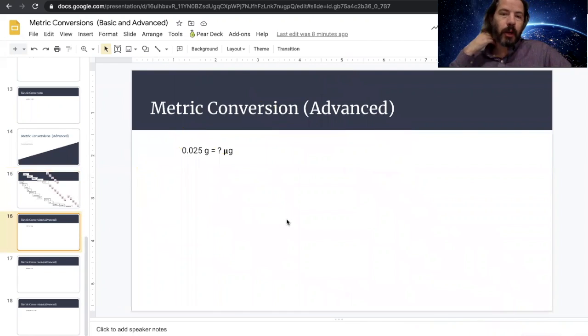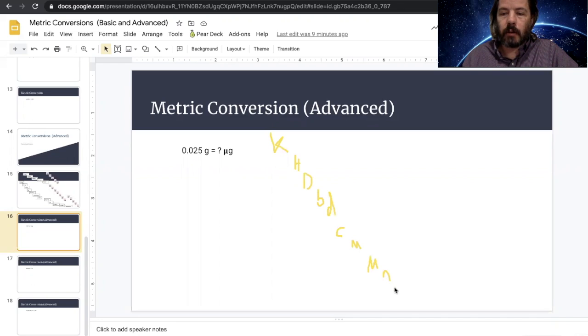So let's try one: 0.25 grams to micrograms. This micro is the Greek letter mu. So it's basically an M, but it's got a little U-like tail to it. So when I get this, first thing I go is it's on the small end. So I only write King Henry died by drinking chocolate milk, mu, micro, nano, missing no pinkies Friday afternoon.